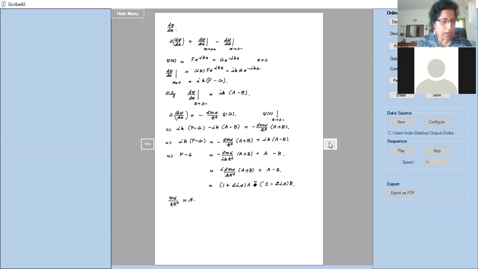Now what you have to understand over here is where we will use some kind of intuition of what is really happening. We have factors A, B, F, and G. Let us try and imagine what these are representing. We already know these are scattering states.